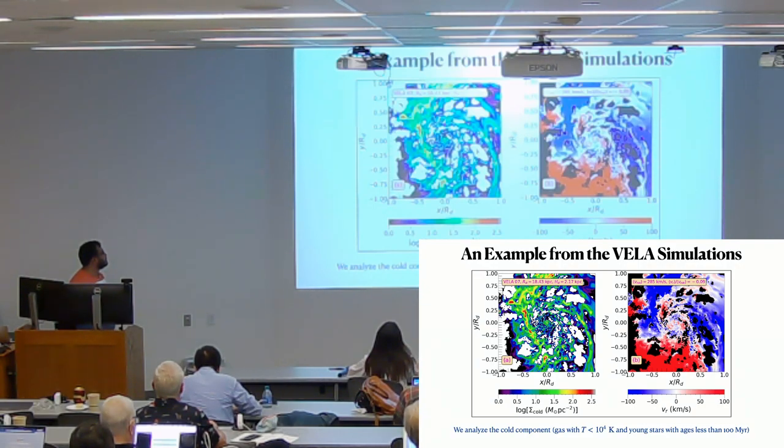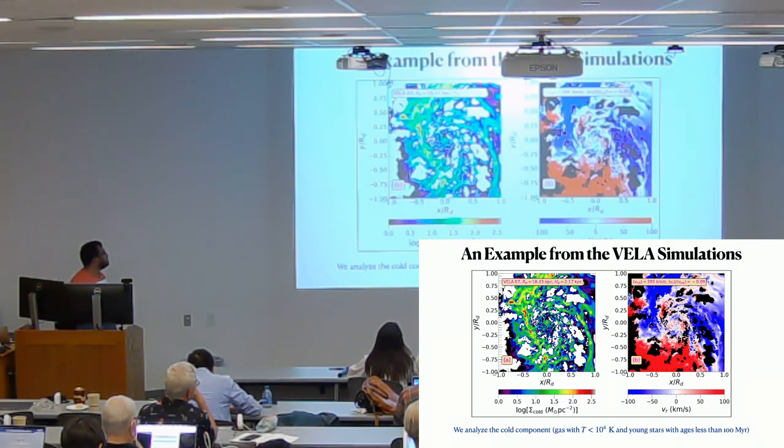So this is the 2D surface density map, and I'm only looking at the cold component, by which I mean the cold gas, the gas that is less than 10 to the 4 Kelvin, and young stars, the stars with ages less than 100 megayears.